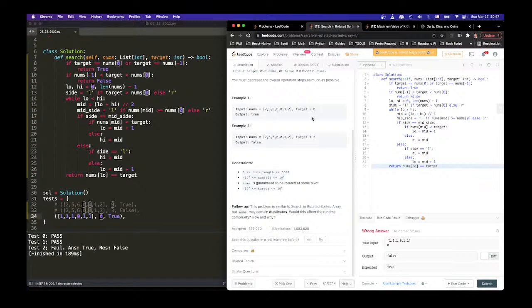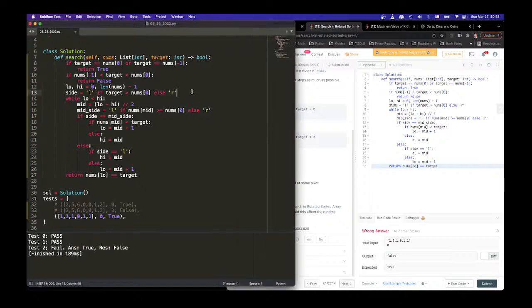But we cannot determine if it's on the left or on the right side. Yeah, I feel like I need the minimum value.